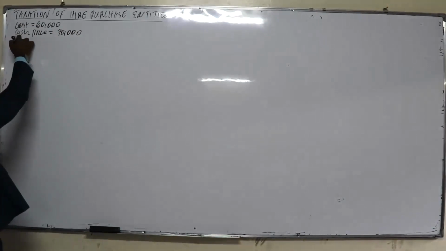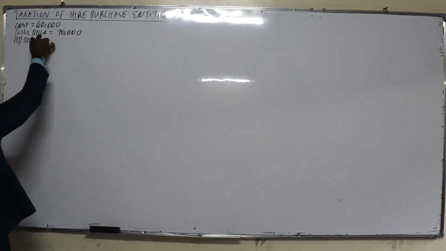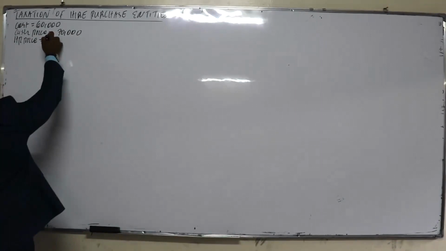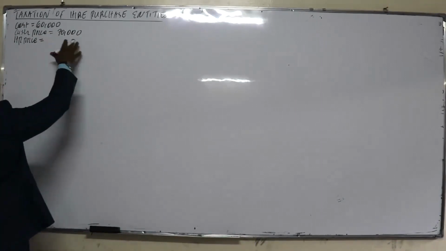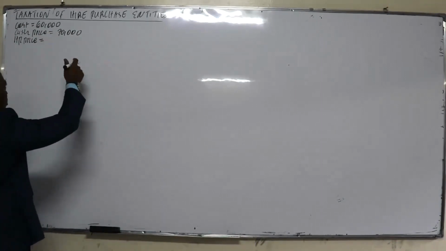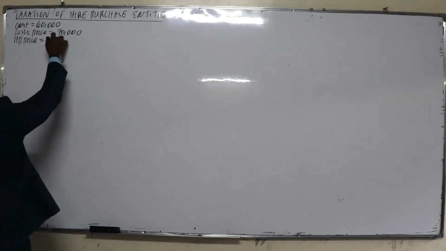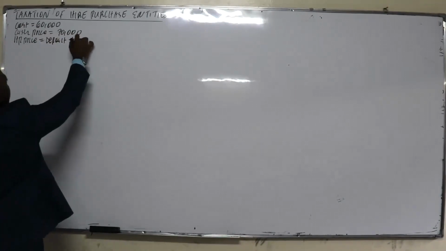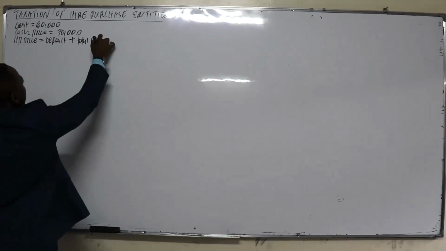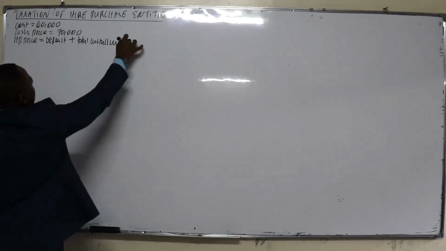So you're given the cash price, you sell on cash, it's 70,000. But what about the hire purchase price? How do we get the hire purchase price? You take the cash price plus the interest, but you're not given the interest. Or you take the deposit plus the total installments.